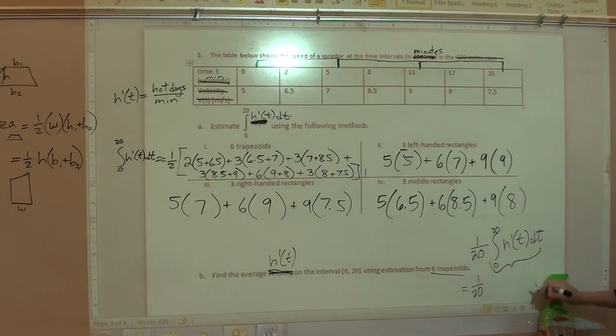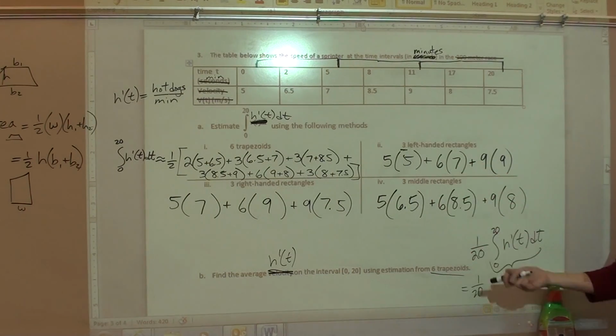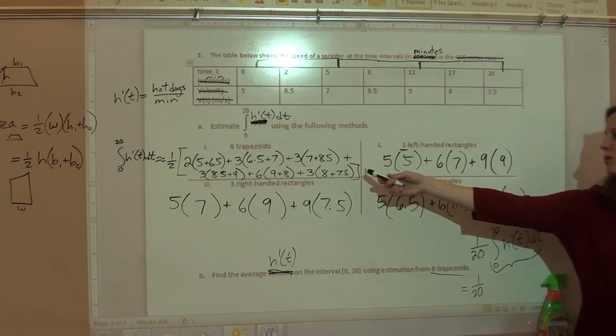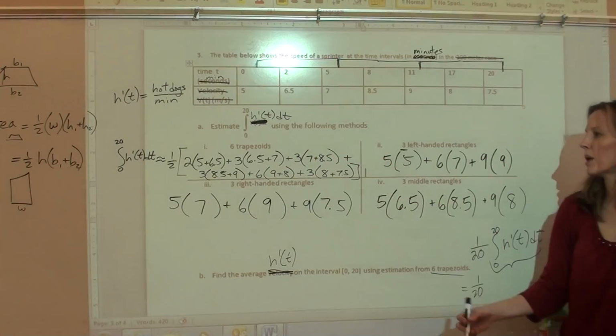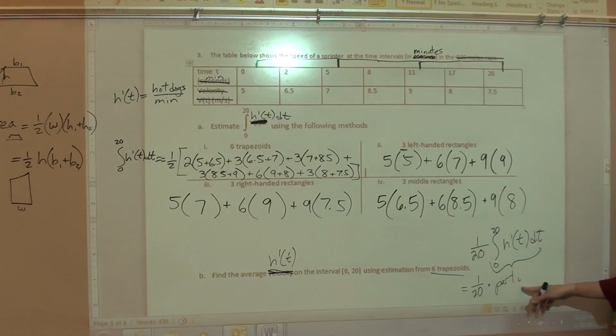This whole thing, you found with 6 trapezoids in which part? Right here, in part A, subpart Roman numeral 1. So whatever you got in that part, you multiply it by 1/20, or divide by 20, and that would give you your average rate of hot dog consumption, in hot dogs per minute.